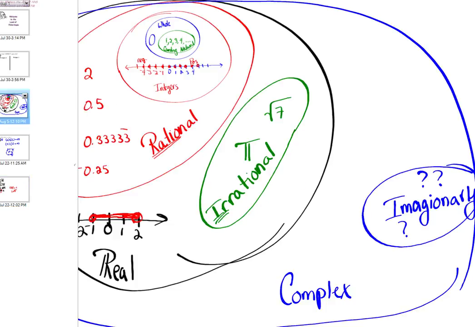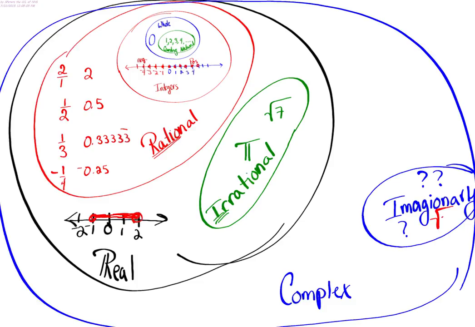If you remember correctly, this is what I was talking about when I talked about imaginary numbers. I'm talking about the square root of negative 1, or the letter i.